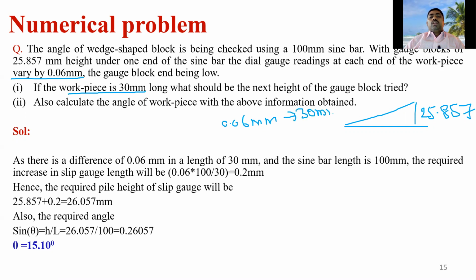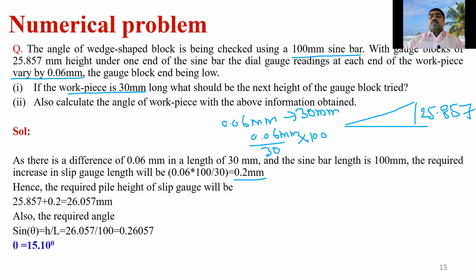If you use a 100 mm sine bar, what is the error? It is 0.06 mm by 30 into 100, and you will get 0.2 mm, which is needed to show the dial gauge 0.